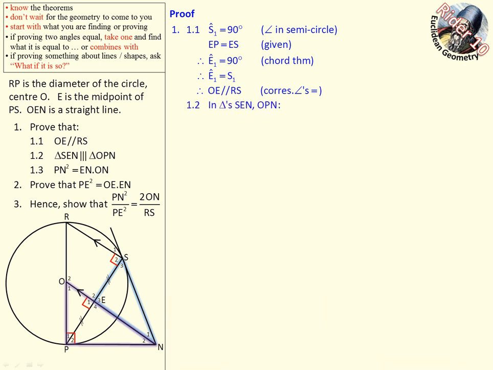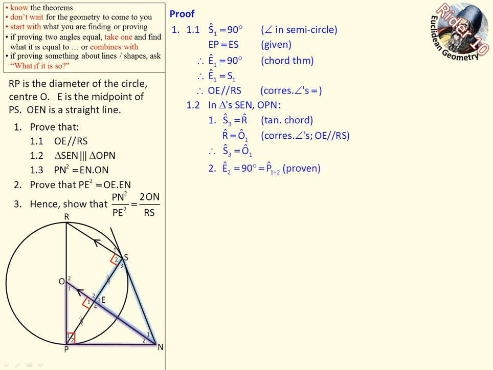So let's do the proof. 1. Now we do our little mini proof inside to prove that S3 is equal to O1. S3 is R, tan chord, R is O1, corresponding parallel lines. Therefore S3 equals R. 2.